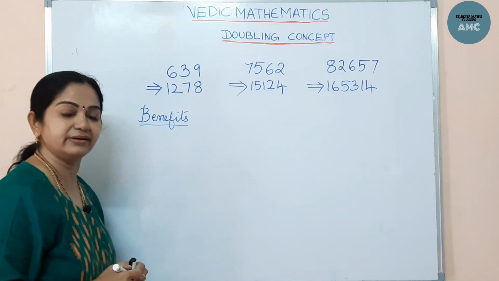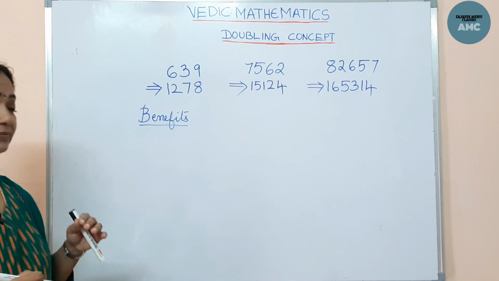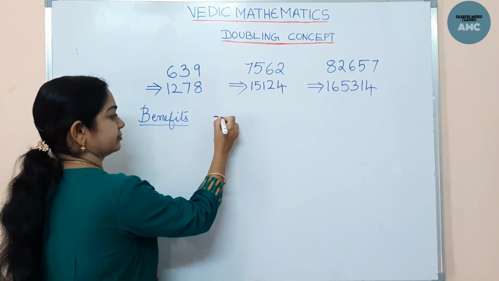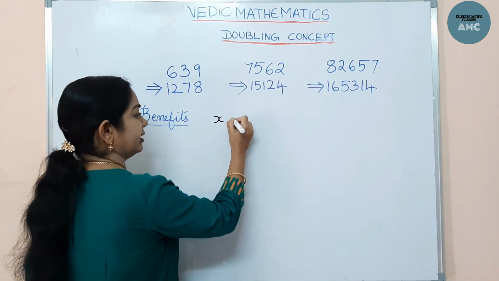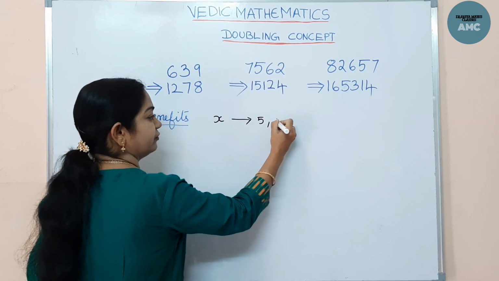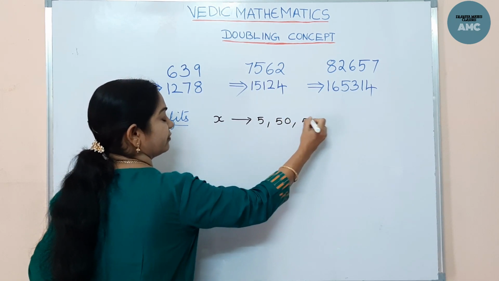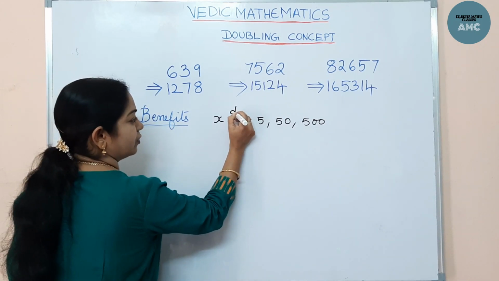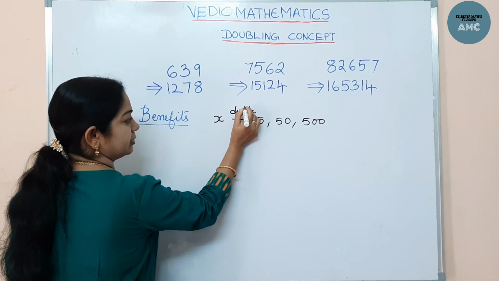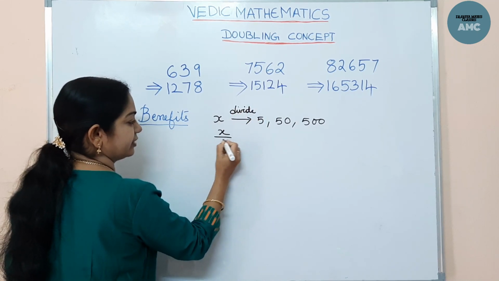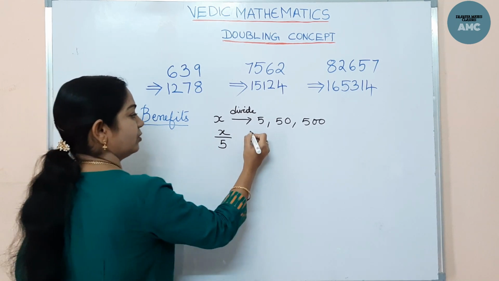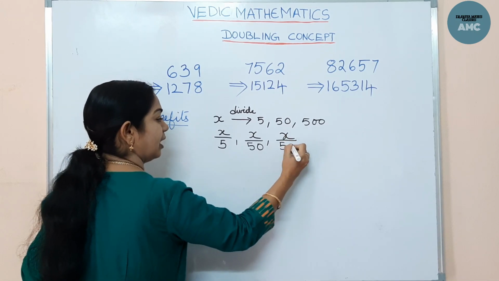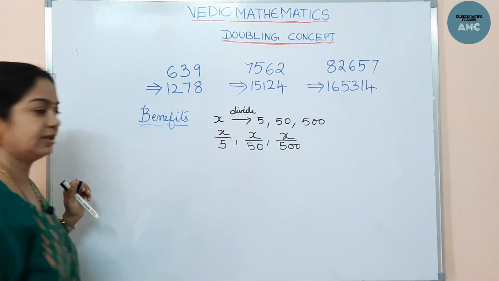If I want to divide any number x, not multiply, divide, with 5 or 50 or 500, suppose, that is x divided by 5 or x divided by 50, or 500, I'll be using this doubling concept.